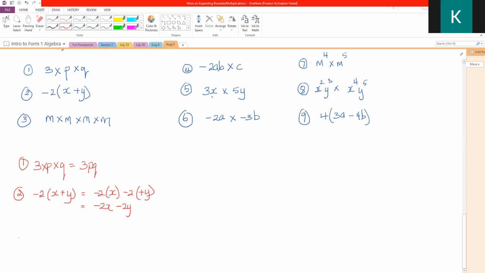Right, let's look at number 3. We have m by m by m by m, all the same variable. So we write this as m to the power of 4. Right, very important to remember.